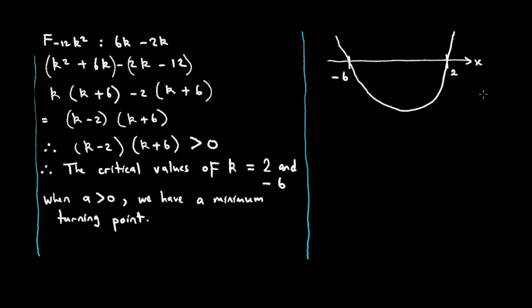Okay. Tadai so, we want to interpret what this actually means. Kana tichiti greater than 0, tinenge tichirevei. Kuti greater than 0 zvinoreva kuti positive. Kureva kuti k minus 2 bracketed, k plus 6 bracketed should be positive.